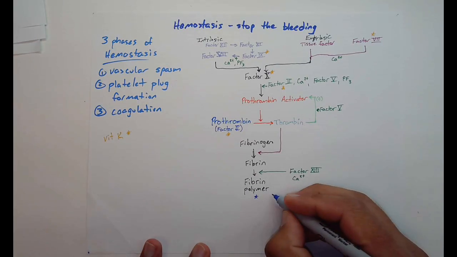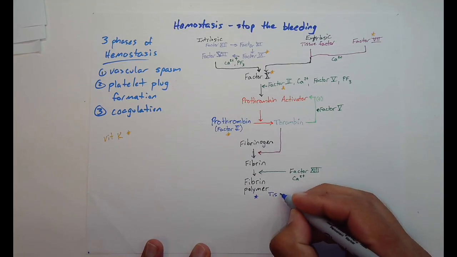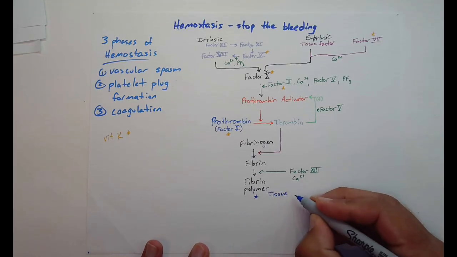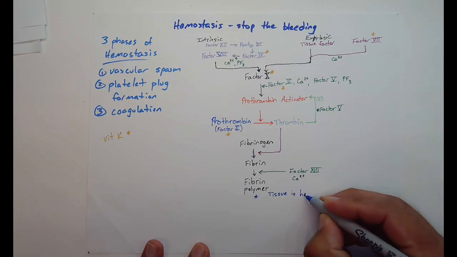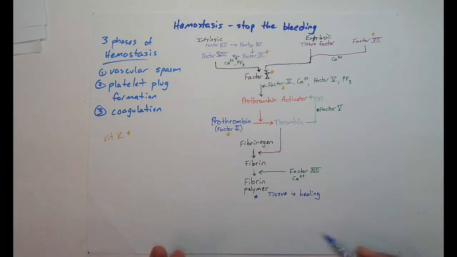So right here, the tissue starts to heal. But once it's healed, what do we not want anymore? We don't want this fibrin polymer. So we're going to have to go in with a bunch of scissors and cut this gigantic fiber mesh. For that, we're going to need another factor, which we'll discuss in another video.